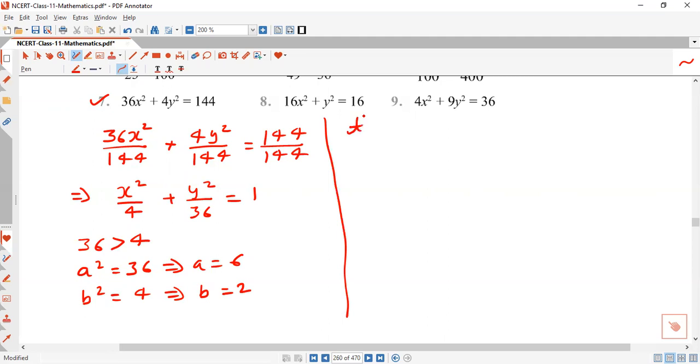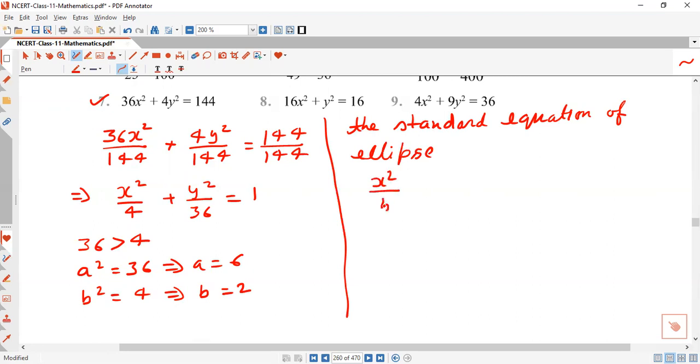The standard equation of ellipse, we see here, x square upon b square plus y square upon a square equal to 1. Since a square is below the y square, it means the foci will lie on the major axis, or the y-axis. So the coordinates of foci, there are two foci, both lie on the y-axis.